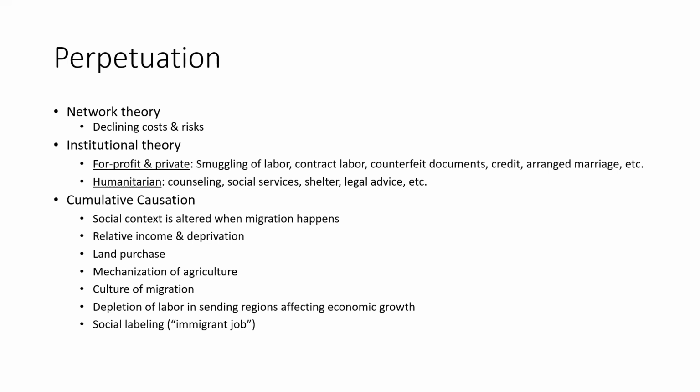And sometimes these for-profit and private organizations also try to arrange the marriage of migrants with people in the destination areas. And these we often find in places that are experiencing an imbalance in sex ratio.